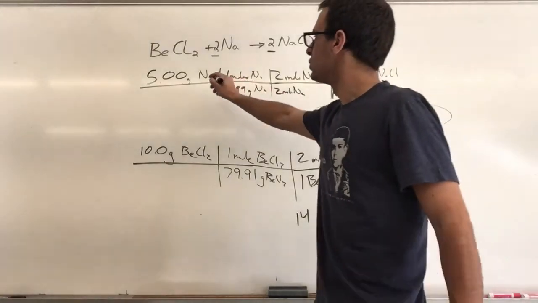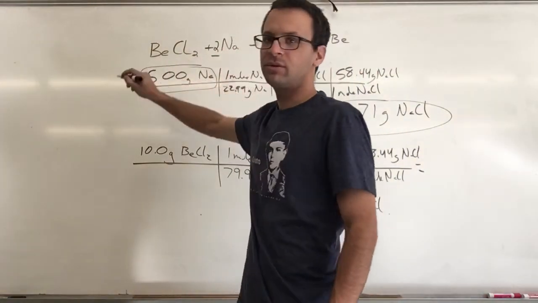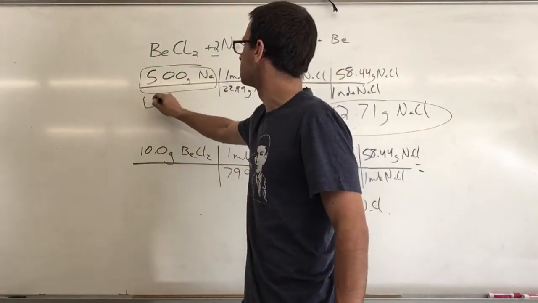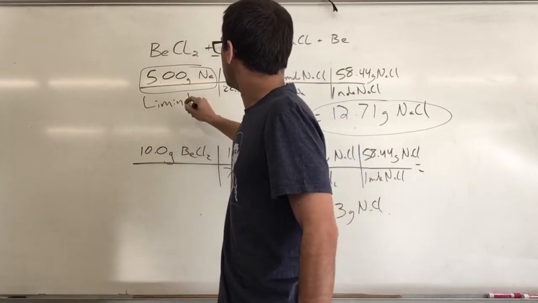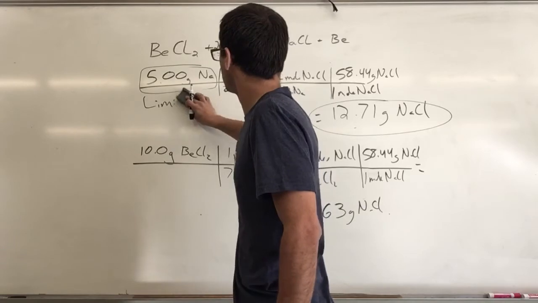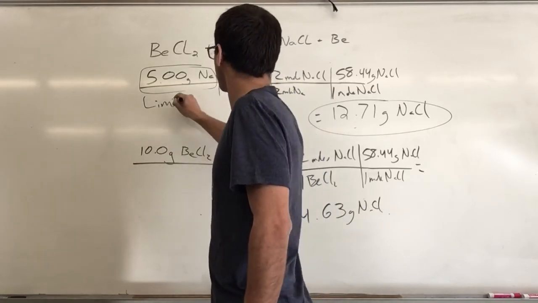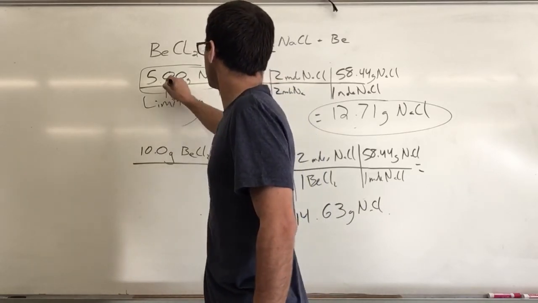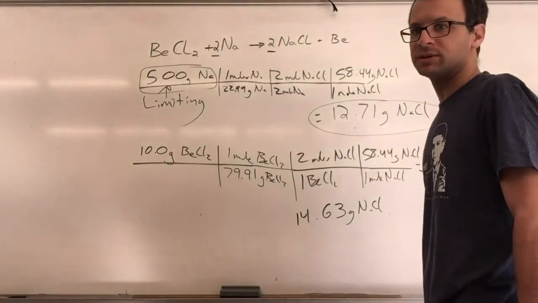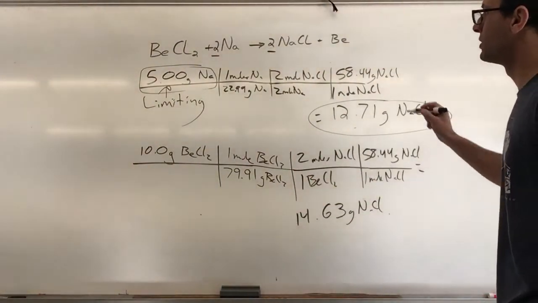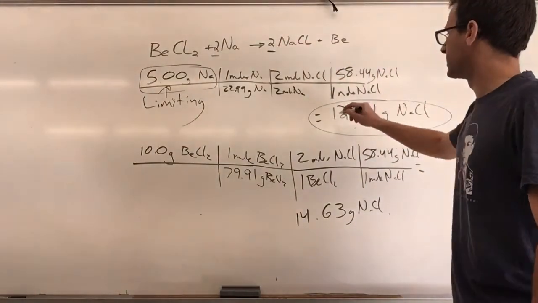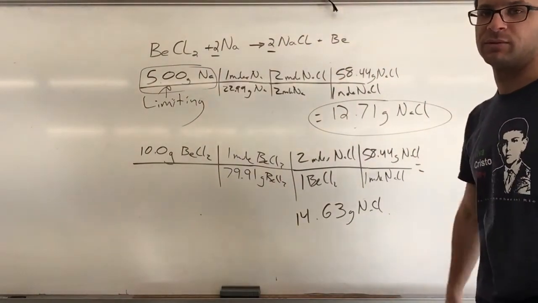Which means your 5 grams of sodium is your limiting reagent. Oops, I spelled that wrong. This is your limiting reagent. Your sodium is the limiting because you will run out of it first. And then how much sodium chloride will you make? You'll make 12.71 grams of sodium chloride.